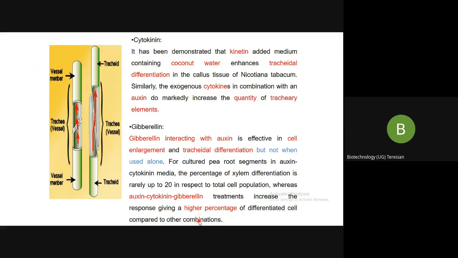Students, in nature too, auxin and cytokinin act as a biological trigger for wound response. Whenever there is a wound formation in the plant, these two hormones, auxin and cytokinin, act as biological triggers.